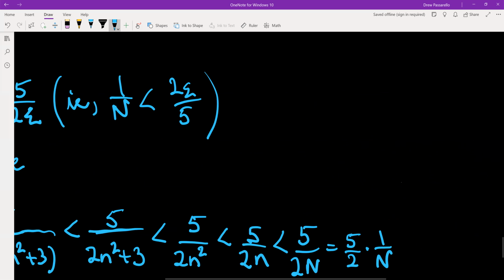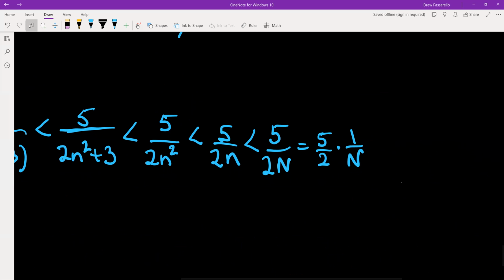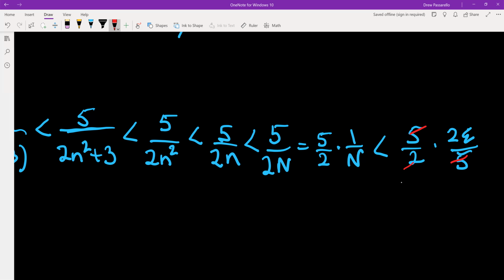So then we could say that 5 over 2 times capital N, which is the same thing as 5 halves times 1 over capital N, is going to be less than 5 halves times 2 epsilon over 5. So then the 5's divide out, and the 2's divide out, and that just gives us epsilon.